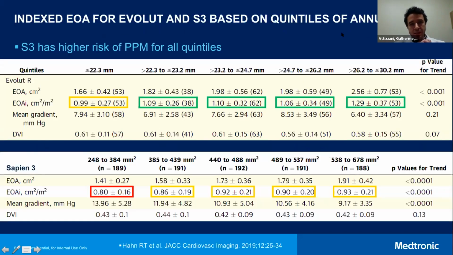This is of course a study that everybody knows, but it is important that we pay attention to the message here. When you look at the S3 versus EVOLUT, in all of the quintiles of the annulus measurements, we observe that the indexed EOA that EVOLUT delivers is better in all of the quintiles. Similar valves, all of the quintiles, the EOAs delivered by EVOLUT are better than the SAPIEN EOAs.